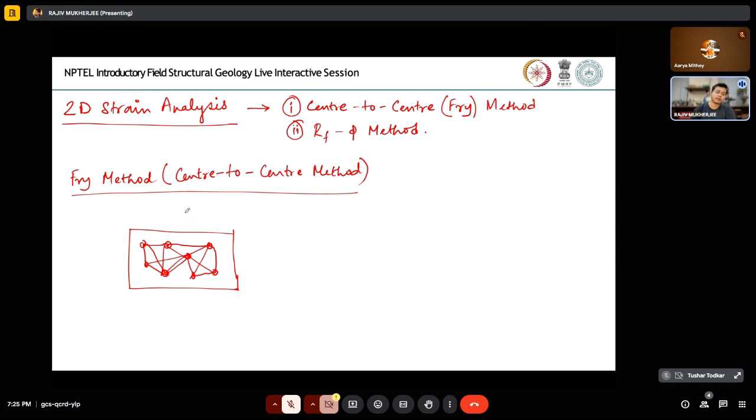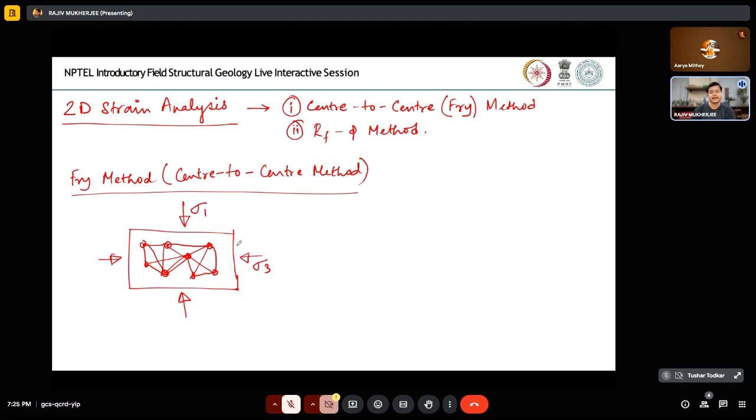So now if I compress the material in a pure shear mode, or even if we compress from all sides, but there is a difference in the stress, say for example this is sigma 1, this is sigma 3, obviously this would flatten and this would stretch.